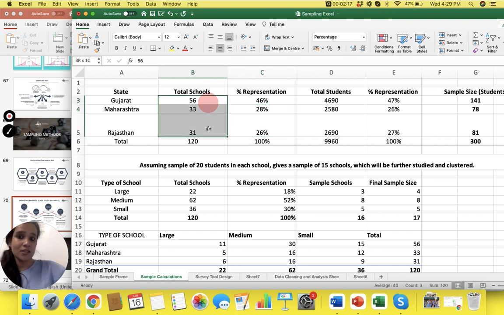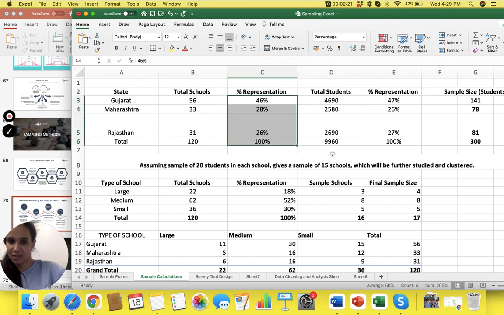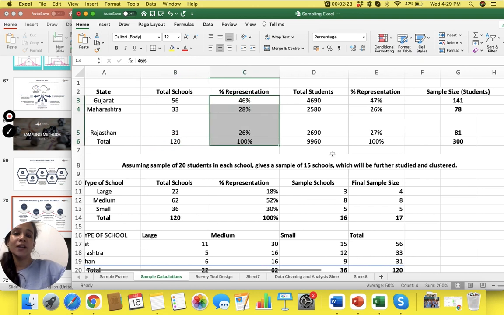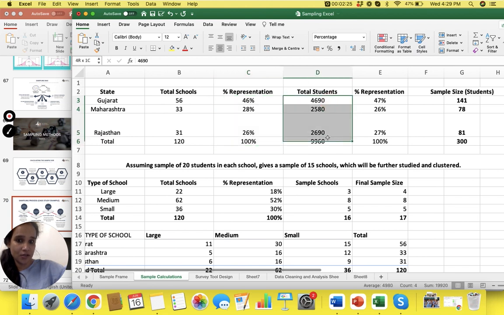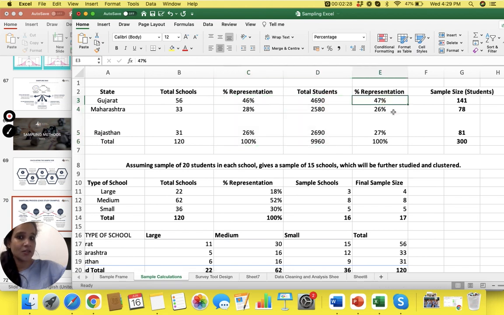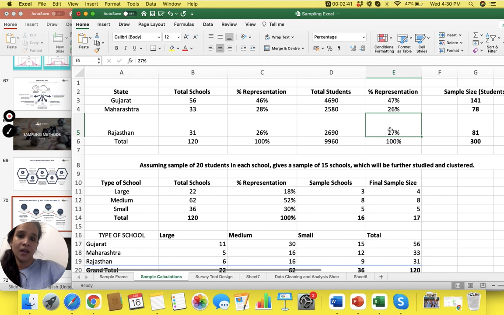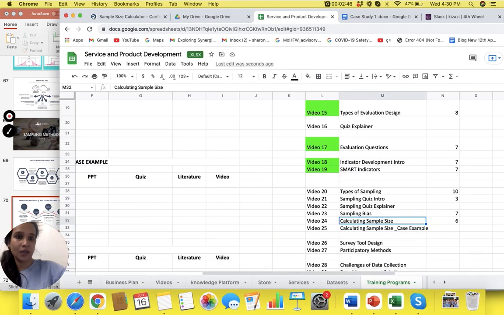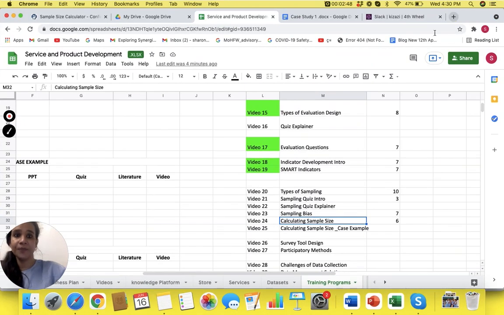So this is just a basic calculation of 120 as to what is the percentage representation. We then look at the total students across these schools, and we see similar trends, where Gujarat has around 47%, Maharashtra has 26% of students, and Rajasthan has 27%.